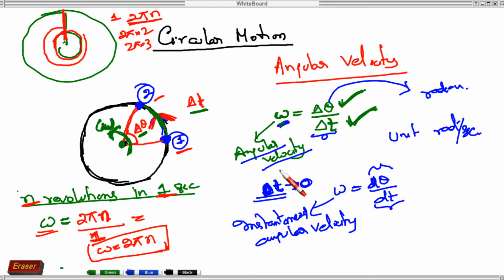There is one word, that is time period. If someone asks you what the time period is, time period is the time taken to complete one revolution.